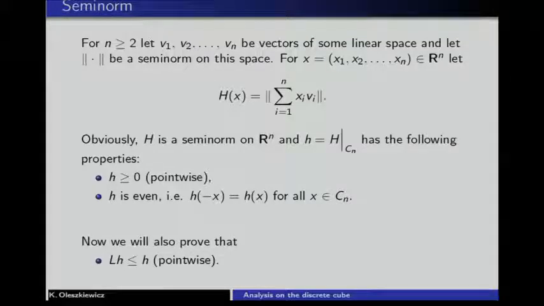Now, we'll prove a less obvious property. We'll prove that we have a pointwise inequality that L of h is not greater than h. This inequality is not true for every function on the discrete cube. But we'll prove that this is true whenever this function comes from some norm, whenever it's a restriction of a semi-norm on Rn.